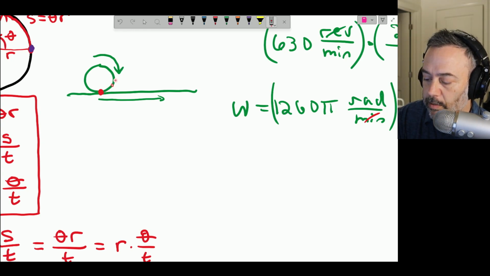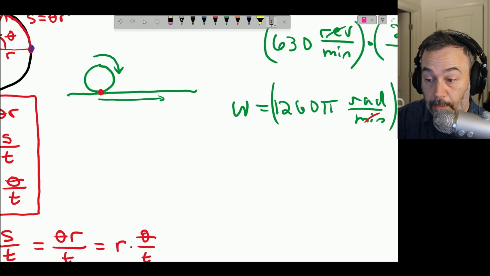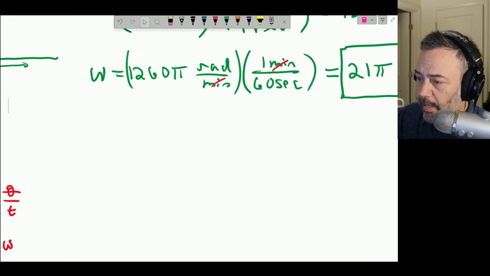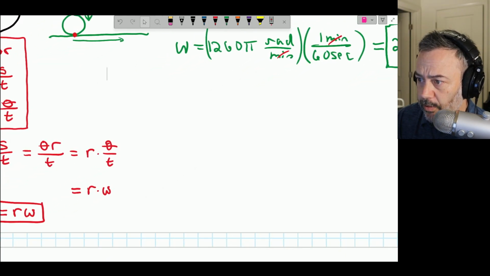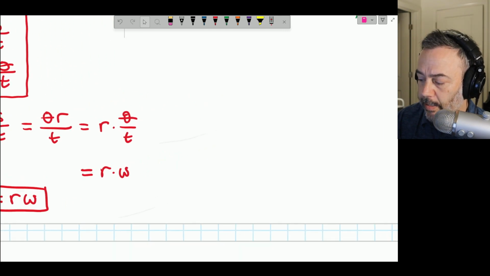So when this wheel moves a little bit this way, this point will eventually be on the ground, and all the points on the circle will eventually touch the ground. So the speed, the velocity that this point is moving around the circle is equivalent to the velocity of the truck itself. But we have our formula, which is that the velocity is r omega.